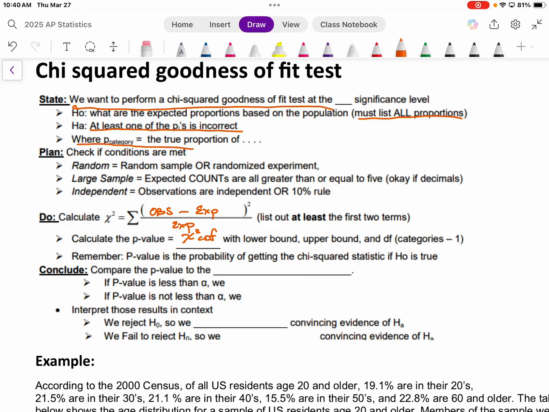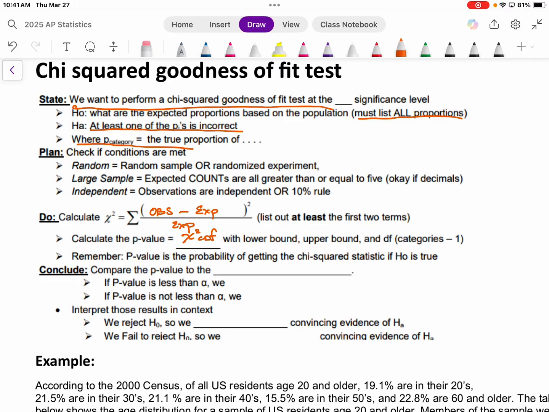Now, is our chi-squared statistic going to be the lower bound or upper bound? What do you think? If we're right skewed, then most of the time it should be the lower bound each time.